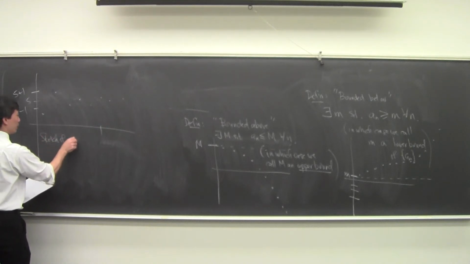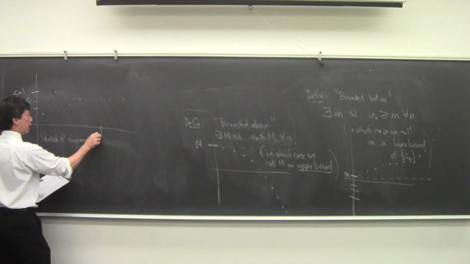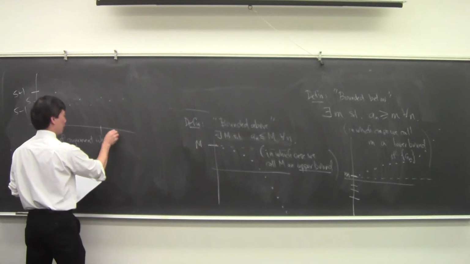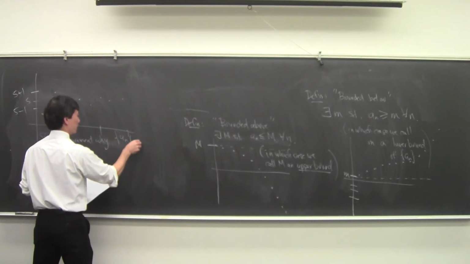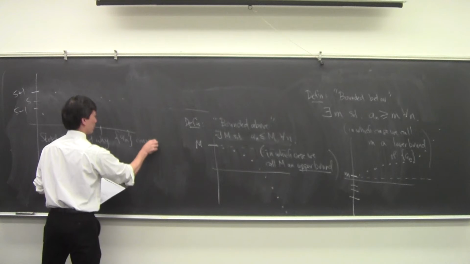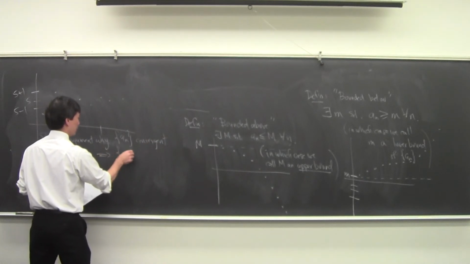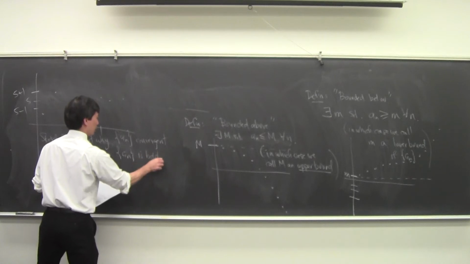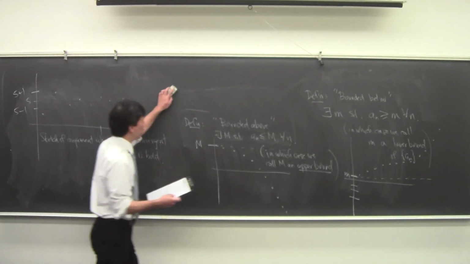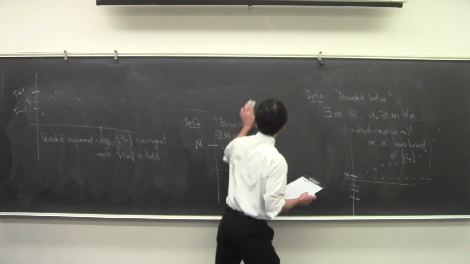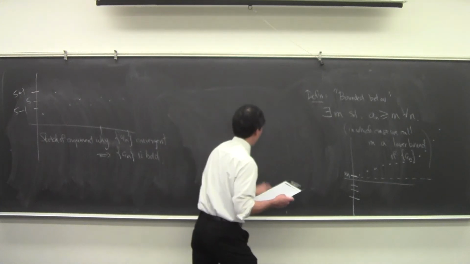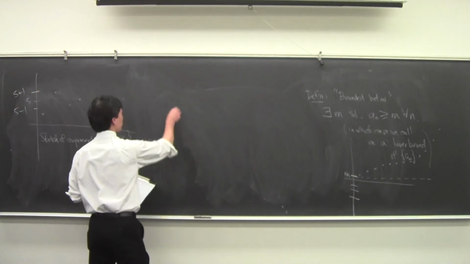sketch the argument why this thing convergent implies this thing is bounded. Okay. Right.